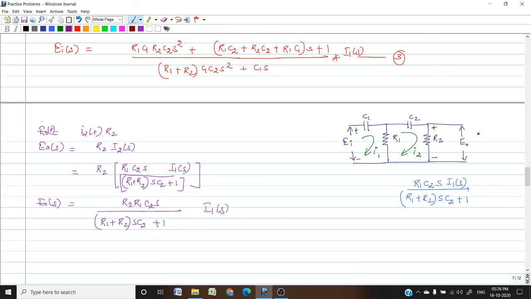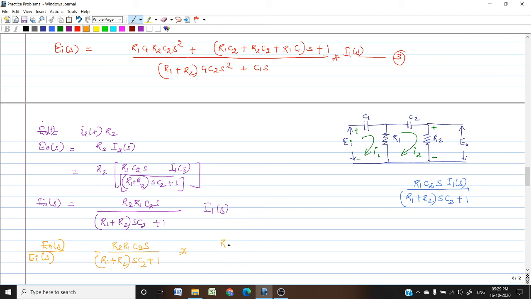Fine. So now the next step is E naught of S divided by Ei of S. For that, E naught of S is R2 R1 C2 S divided by (R1 plus R2) SC2 plus 1 multiplied by, whatever equation 3 you have, just write the reciprocal of that.